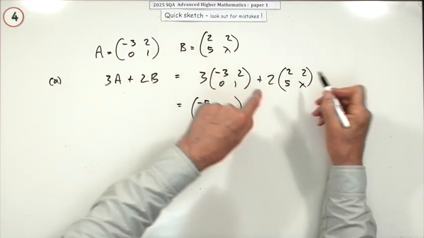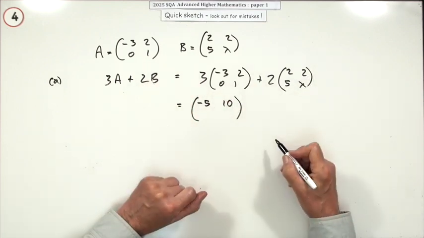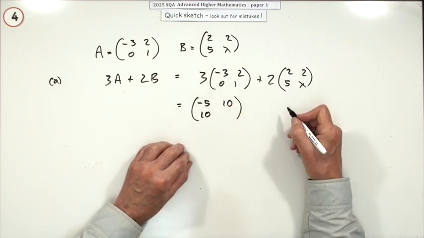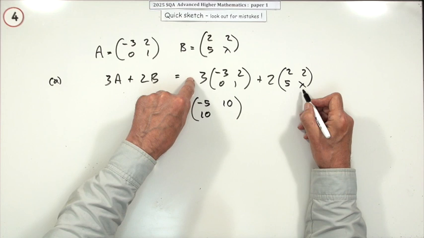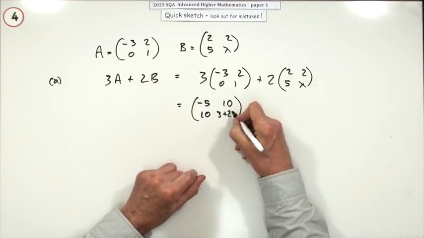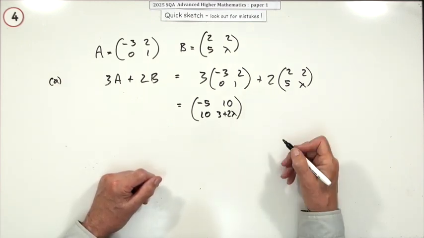You've got a 6 and a 4, which is a 10, and 0 plus 10 is just that. And for this one, you've got a 3 and a 2 lambda: 3 plus 2 lambda.